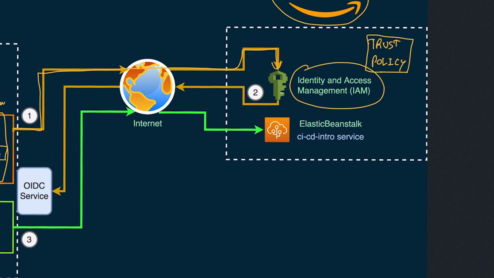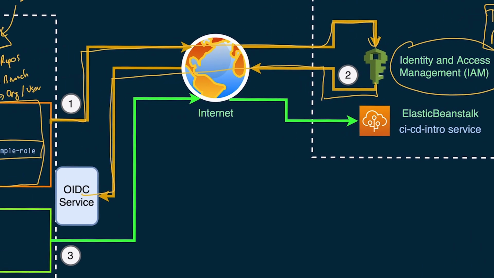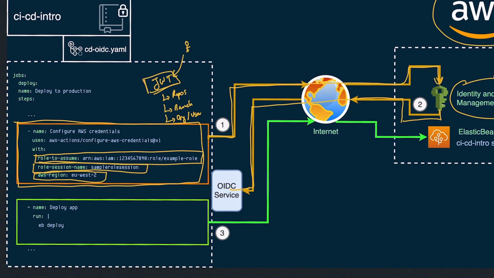And once AWS validates this claim, it will generate an access token that has a lifetime of 1 hour, and then it will return this access token back to the OIDC service on the GitHub side, and then this access token will be made available for our workflow.